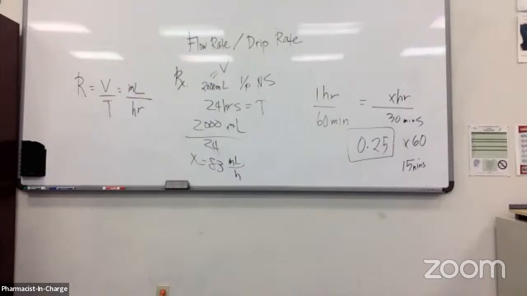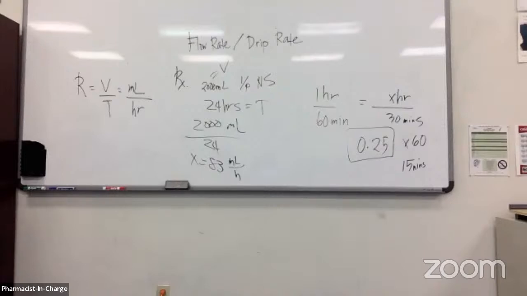Number 5, Jasmine. 91 ml per hour. Correct. Who got that one? Hands up. Okay, good job. Number 6, Sarai. 150 ml per hour. Who got that one? Hands up. Okay. Number 7, Gina. 31 ml per hour. Who got that one? Hands up.